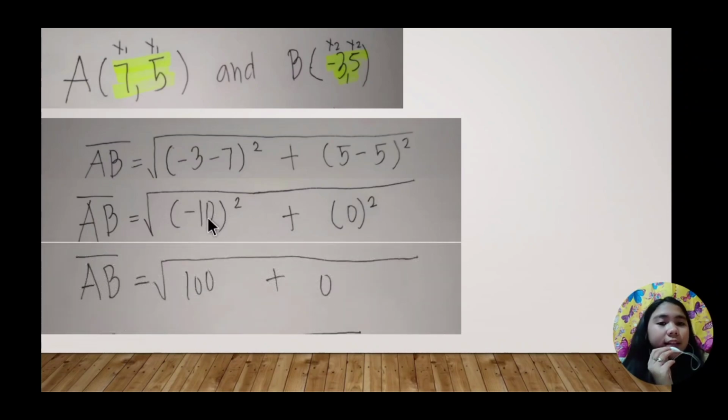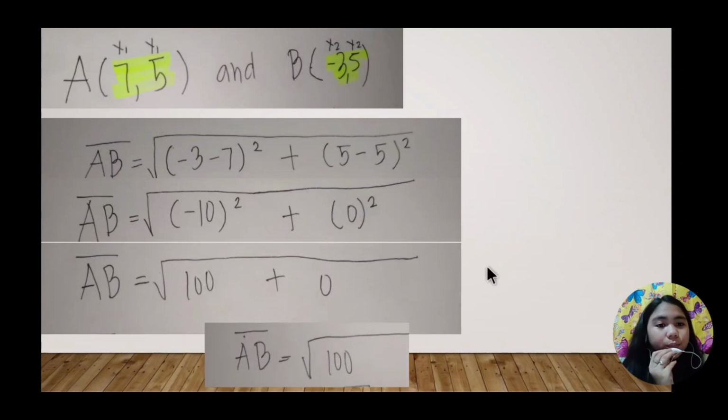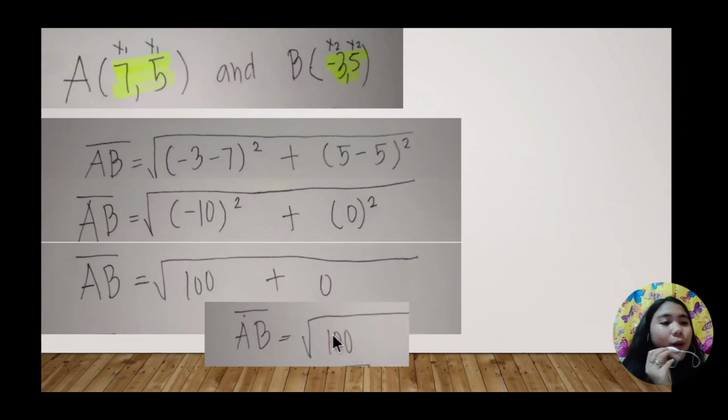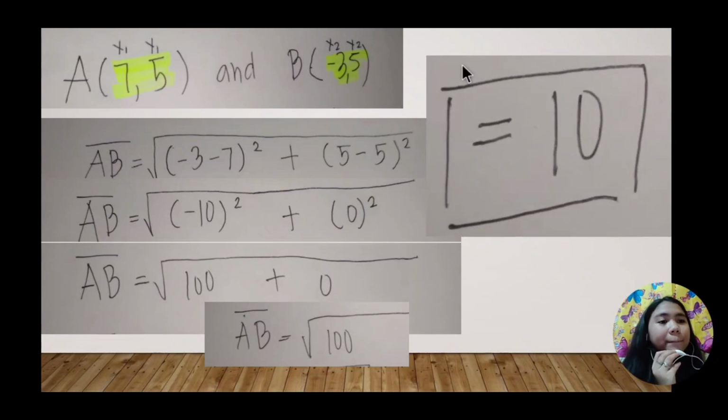So, negative 10 multiplied by itself gives positive 100. And 0 raised to the power of 2 is 0. So, 100 plus 0 is equal to 100. We find the square root of 100, which is positive 10. So, this is the answer to our problem number 1: 10 units.